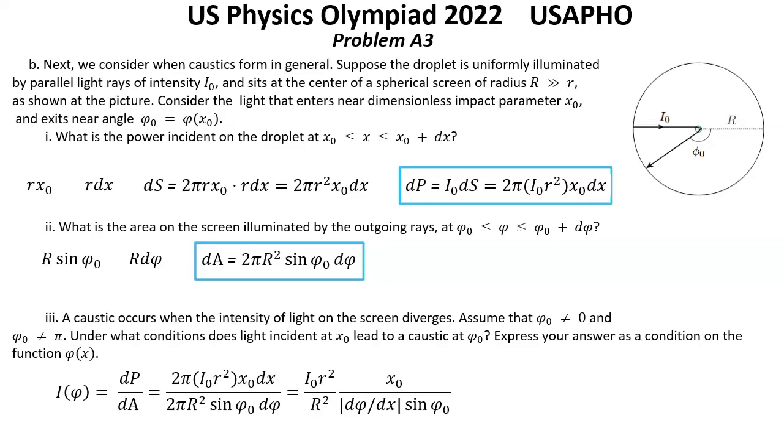This diverges when the denominator becomes 0, which in this case only occurs when the first derivative of φ with respect to x at point x0 equals 0. That is, a caustic will occur under this condition. Intuitively, this condition means that a broad range of incoming light rays end up focused on a narrow curve on the screen. So this is the condition for a caustic, and this was the answer for the third one.